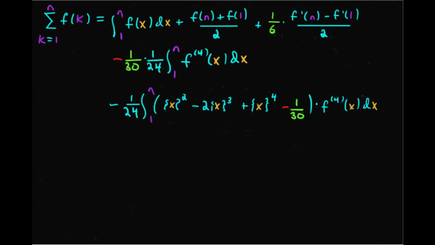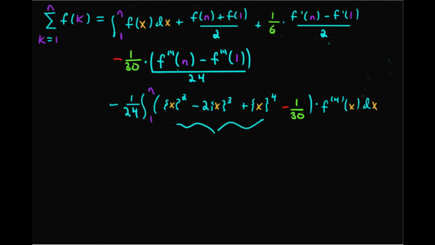So then I'll have negative 1 over 30 times 1 over 24 times the integral from 1 to n of the fourth derivative of f of x dx. But of course, this integral is really easy to evaluate. It's just f triple prime of n minus f triple prime of 1. And so we end up with the integral equaling negative 1 over 30 times f triple prime of n minus f triple prime of 1, all over 24. So evaluating that integral gives us a new correction term in the Euler-Maclaurin summation formula.